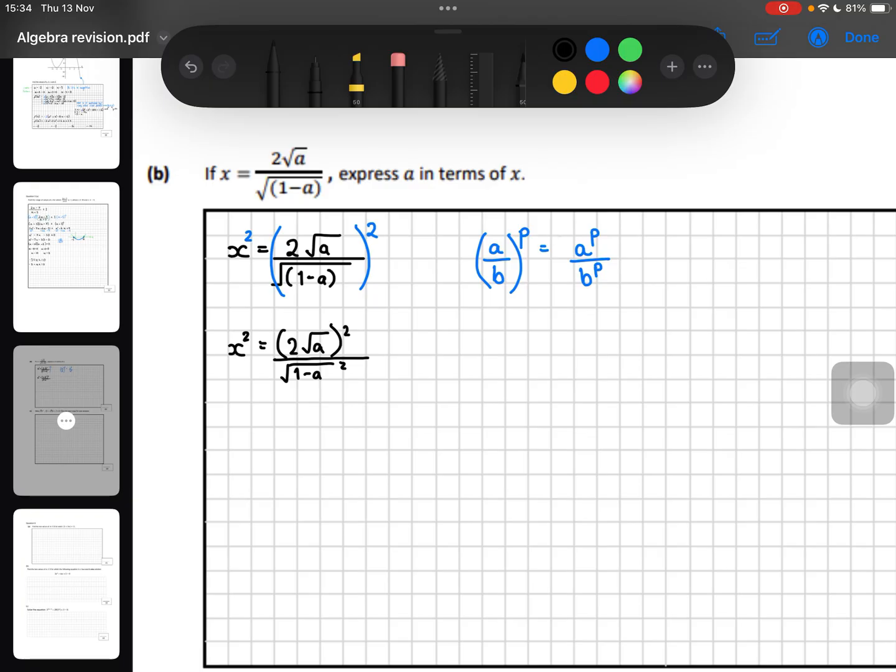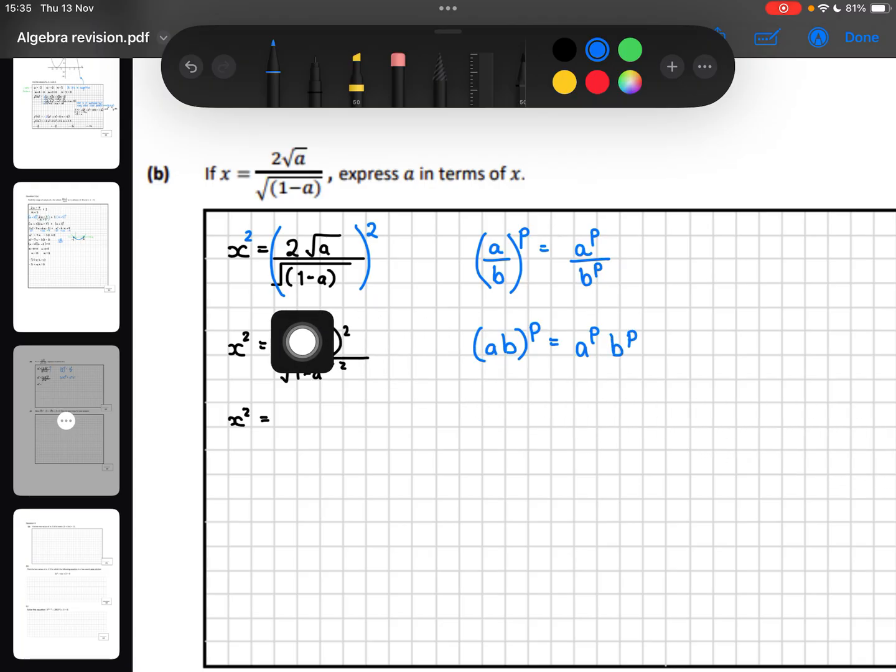This one is probably the easier one to see what to do, because it's just a simple big square root and a squared, they cancel. This one here, I have 2 things inside the bracket, so I again need to go to my indices rules. If I have 2 things inside a bracket and a power outside the bracket, the power acts on both parts.